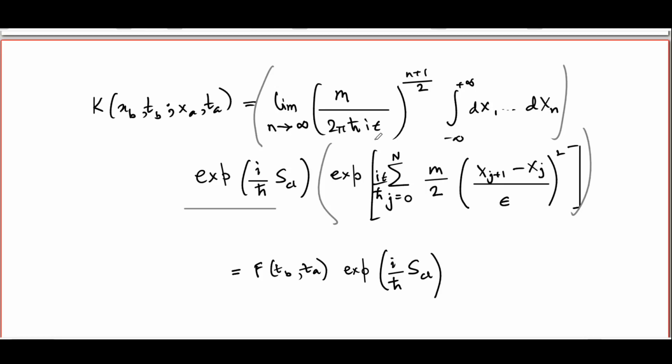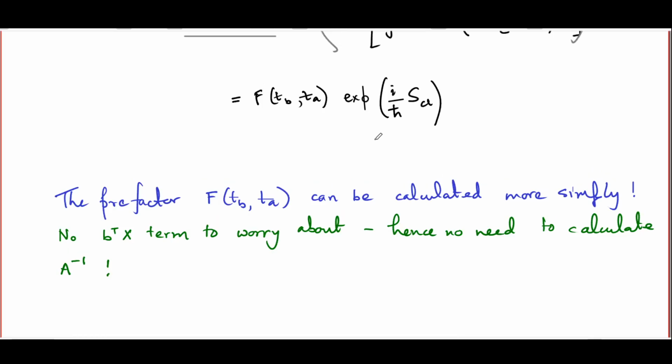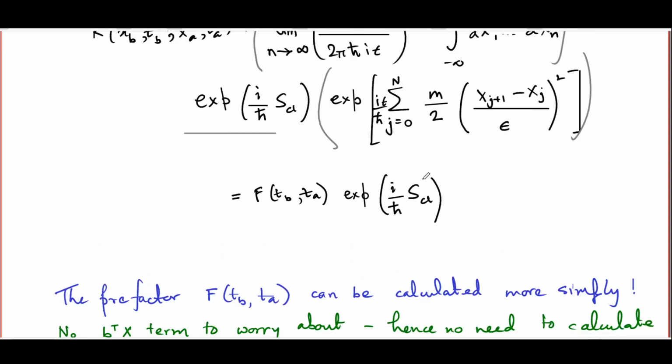And it should not come as a surprise that once you do that, you are going to get the correct overall factor for the propagator for a free particle. But let me just remind you once again that the reason why this calculation is going to be substantially simpler is that there is no linear term to worry about here. You might expect a linear term to come from the two endpoints.